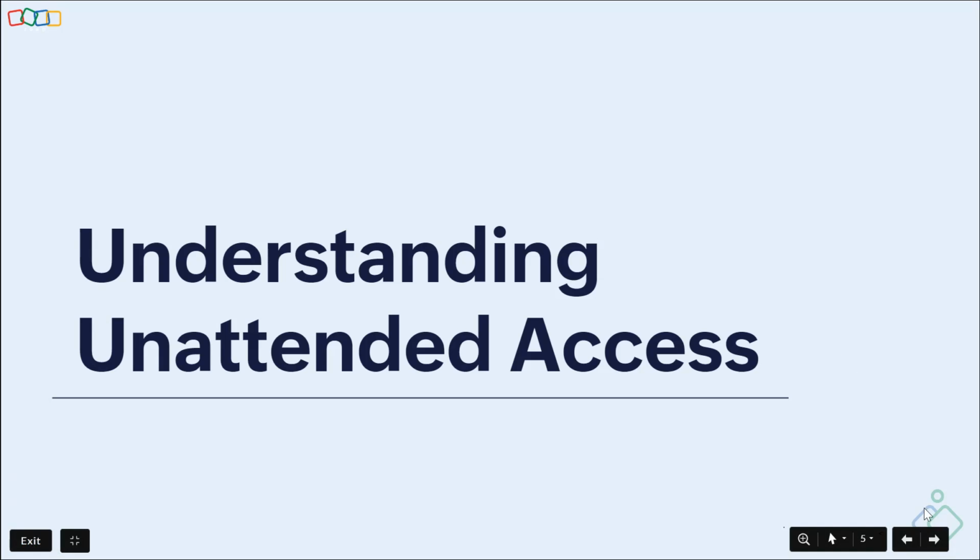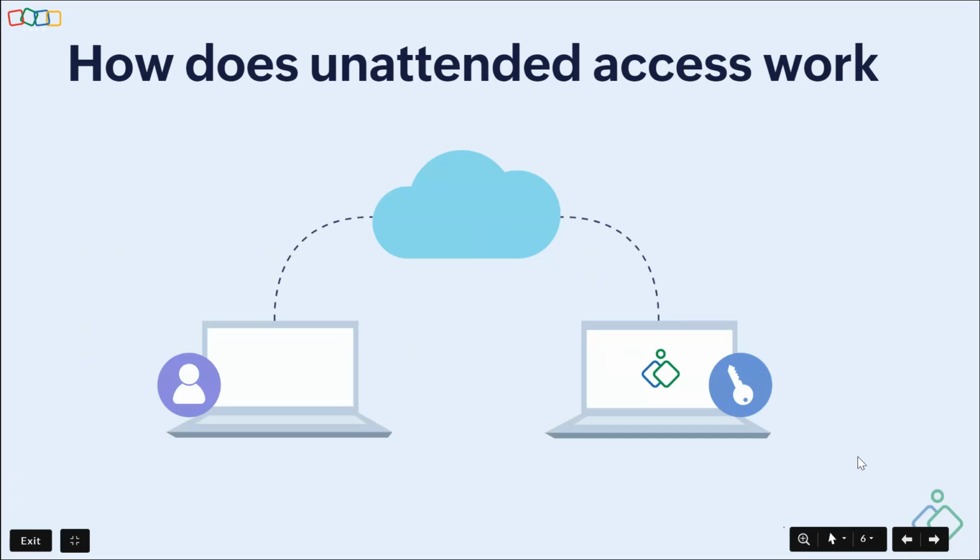So with unattended access, you will be able to configure any device across the globe and access it via Zoho Assist. So we will see the architecture behind how unattended access works.